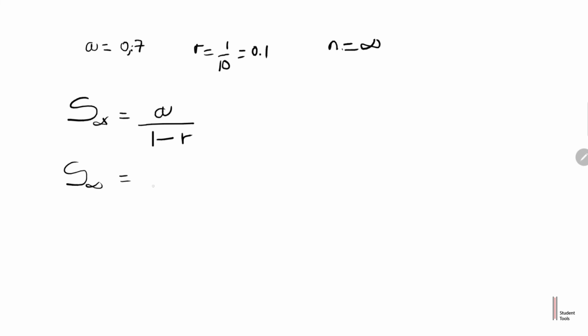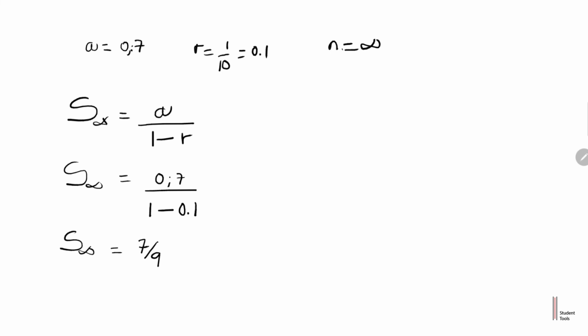A is equal to 0.7, all this is over 1 minus 0.1. So what's the sum to infinity? I'll just punch that on my calculator. You also do the same. My calculator gives me 7 over 9. And that is just how we calculate the sum to infinity of this series.